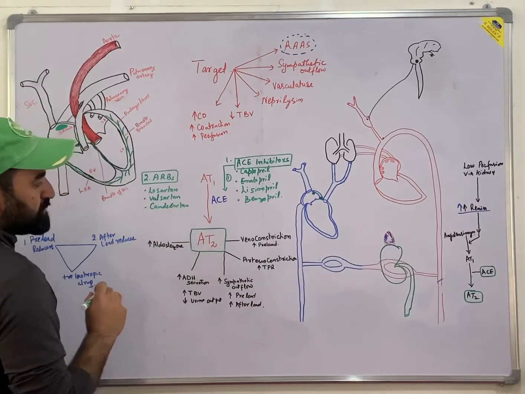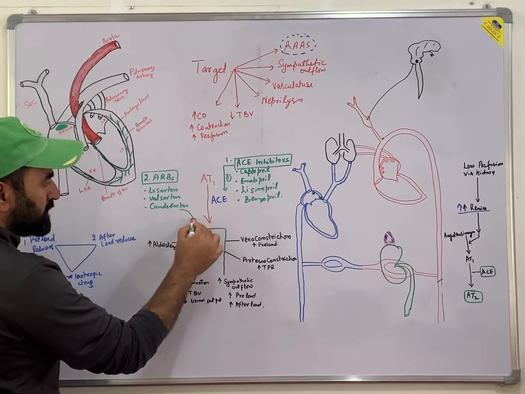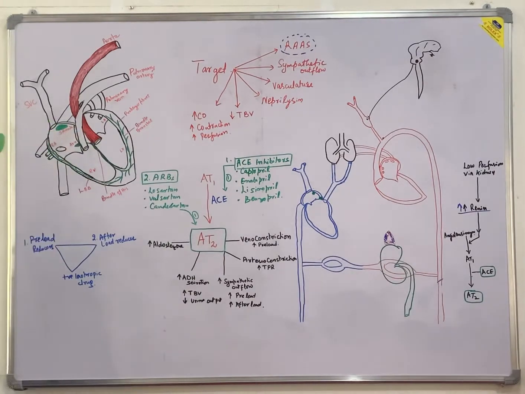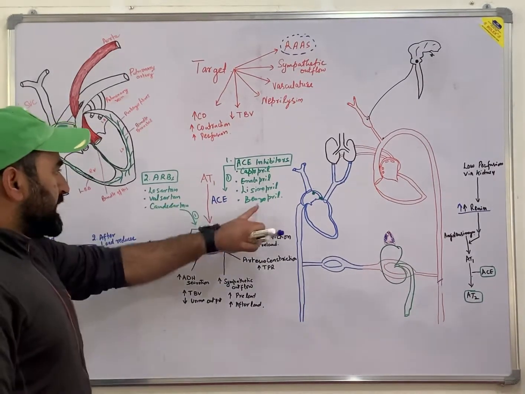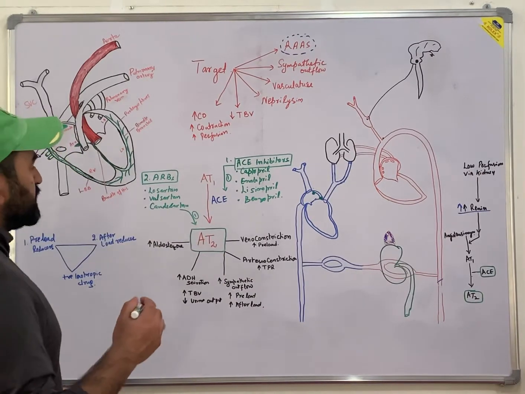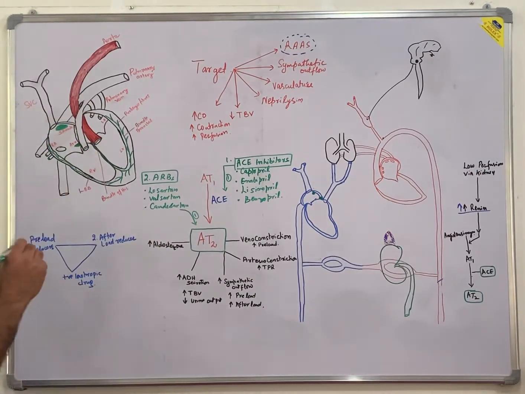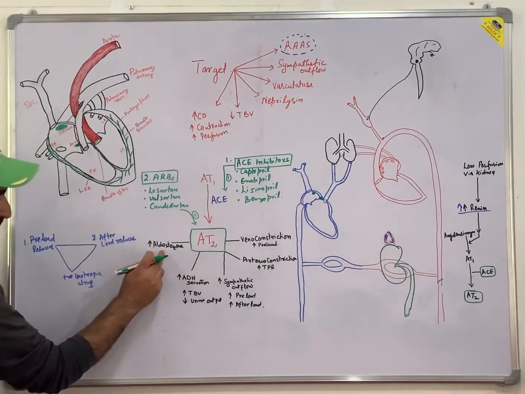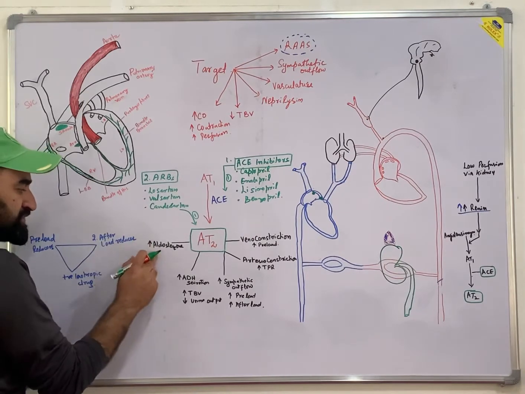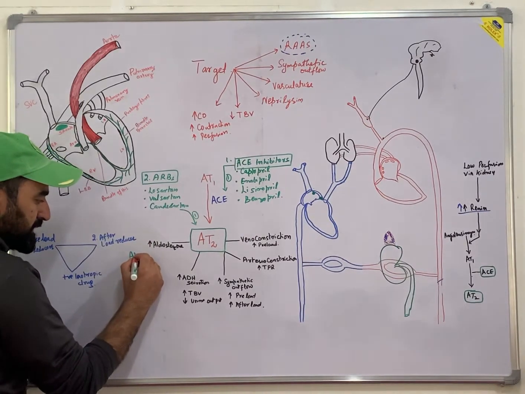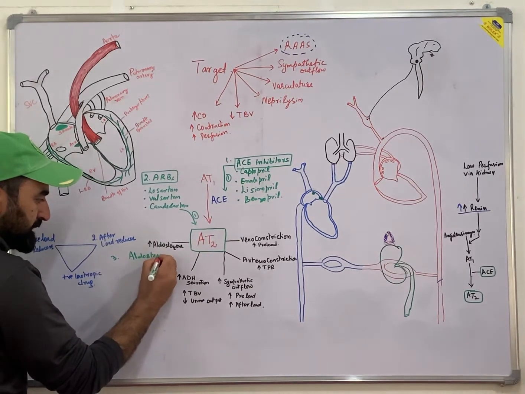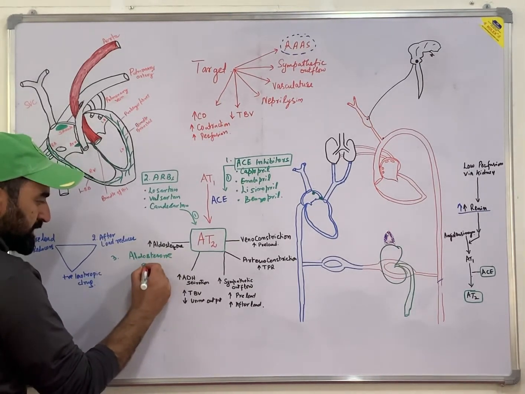You know what they are going to do? They are simply going to inhibit the AT2 receptors. Okay. ACE inhibitors, ARBs. Now coming to the inhibitors of aldosterone. You can use aldosterone antagonists. Third, aldosterone antagonists.